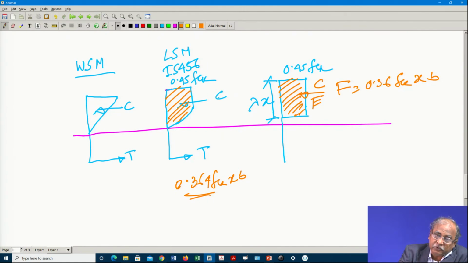But for the time being we can sacrifice a certain portion of the neutral axis, because in this case you are talking 0.416. In this case we are talking 0.45, but it will be x by 2. So, this is the simplicity we adopt in IRC 112.